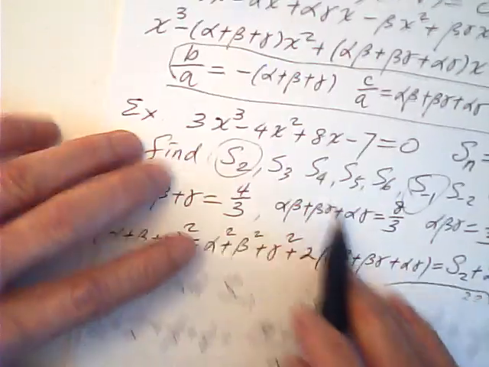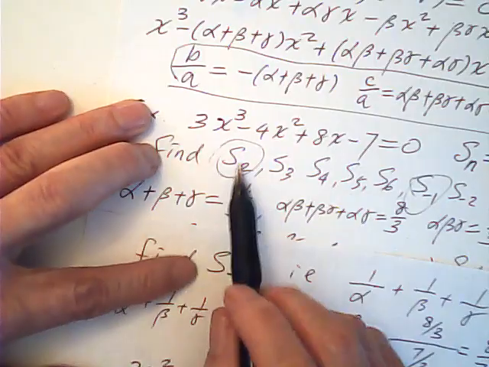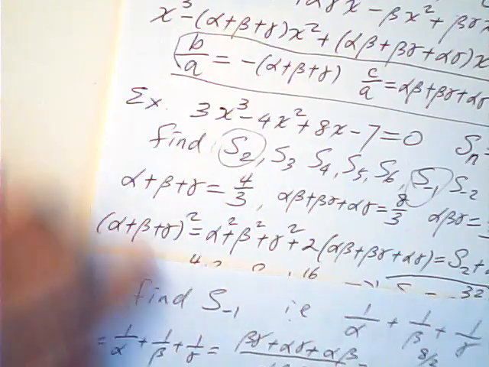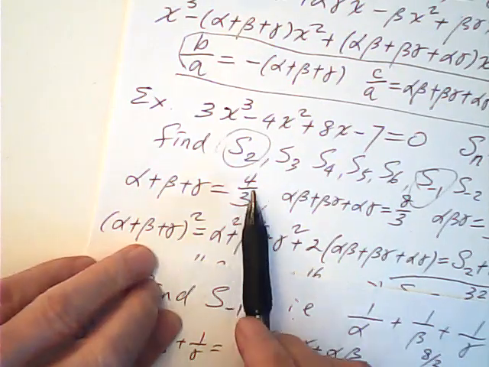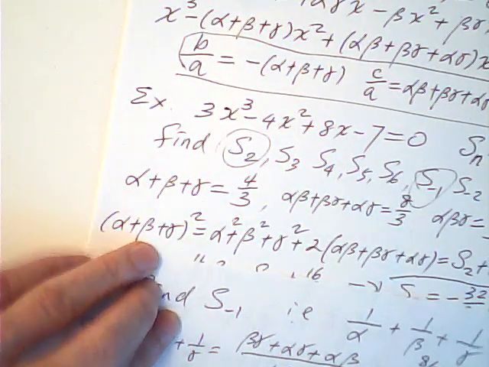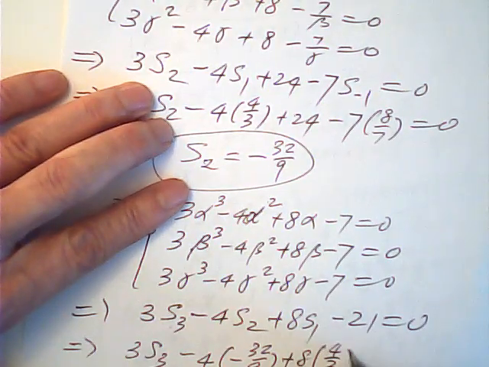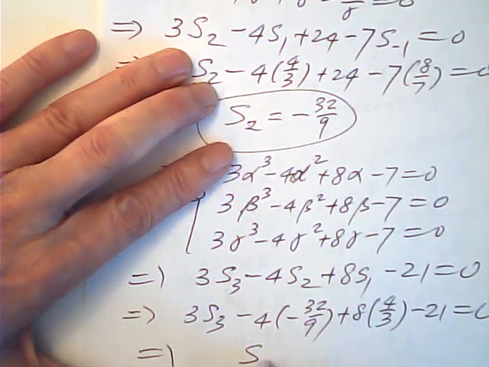S1 is 4 over 3. So 8 times 4 over 3 minus 21 equal to 0. So we can find S3.